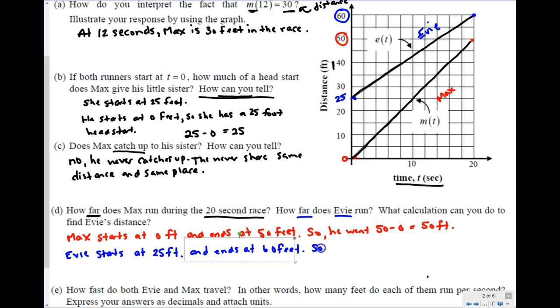So to figure that out, I subtract again, right? If I want to find out the total distance of something, I have to subtract the end with the beginning. So she went 60 minus 25 to get me 35 feet. So she ran a total of 35 feet, and Max ran a total of 50 feet, sorry.